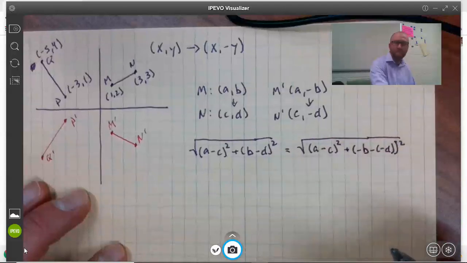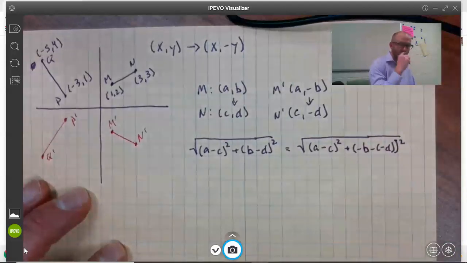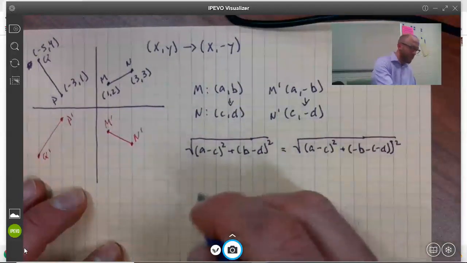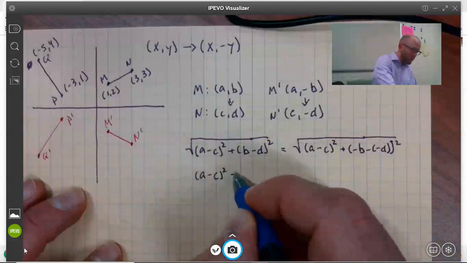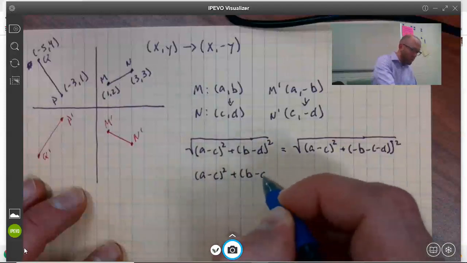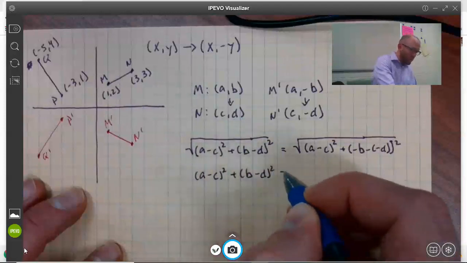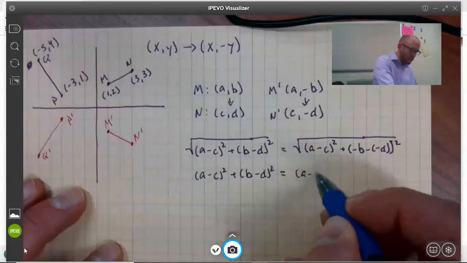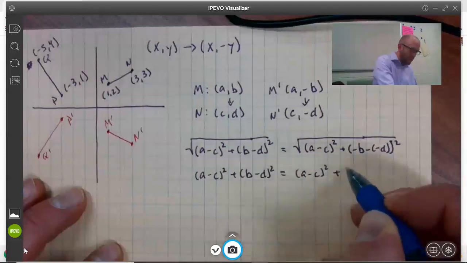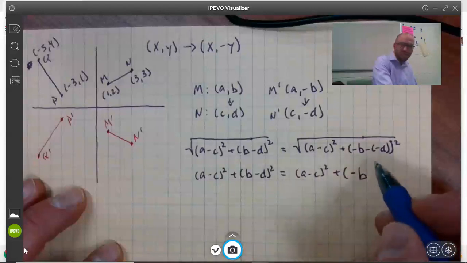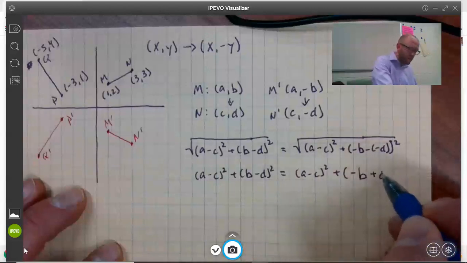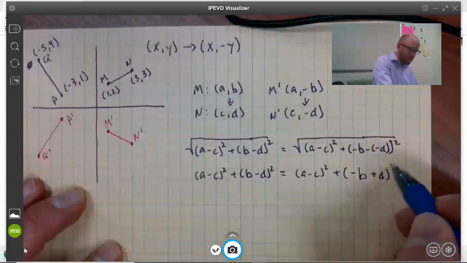Okay. So let's see. First thing we'll do is square both sides. And that just gets rid of the square root bracket. So then I've got A minus C squared plus B minus D squared equals A minus C squared plus negative B, and let's just rewrite this as plus D, plus D squared.